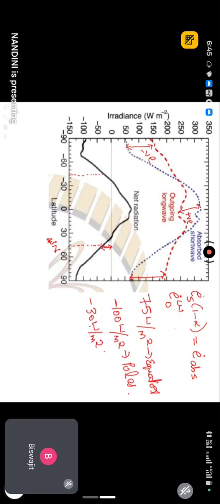Even though there is high insolation, high incoming solar radiation, high albedo and high outgoing longwave radiation due to low cloud cover and high emission temperature generally lead to negative net energy flux over these regions. So what was the question?